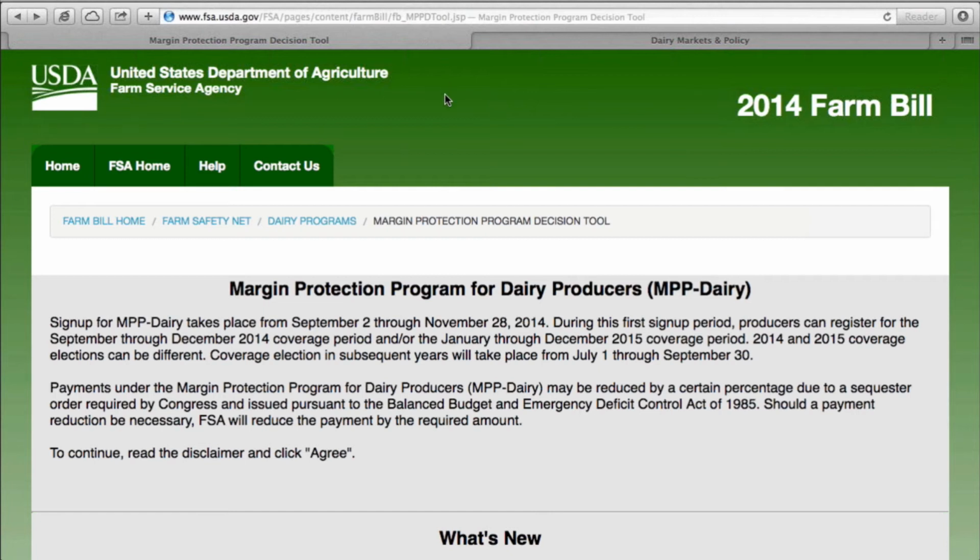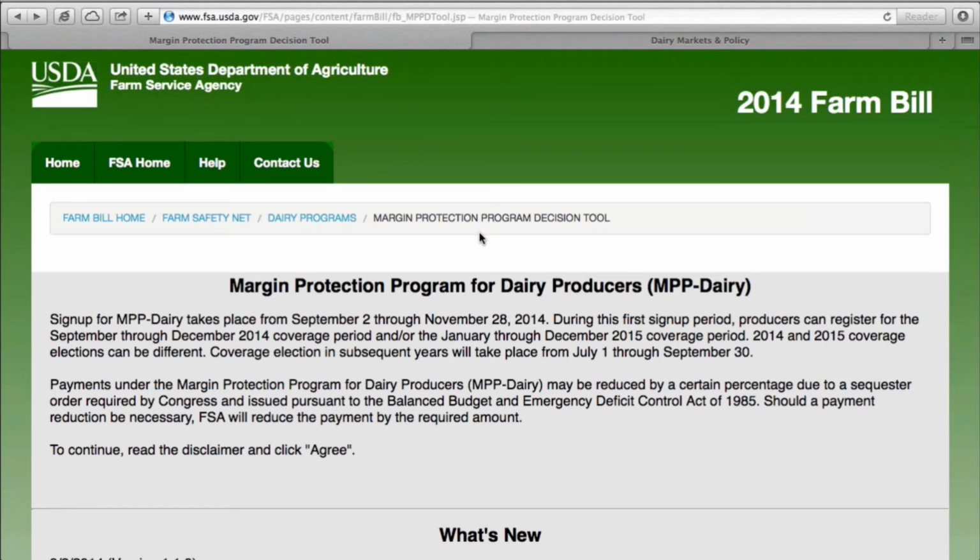Users, when they come to the tool, are first greeted with this screen. It identifies when sign-up is available, so farmers during the 2014-2015 coverage years have to make a registration decision by November 28th, 2014. Now let me add, that's the day after Thanksgiving. And I talked to FSA folks, some people may be taking annual leave on the 28th.